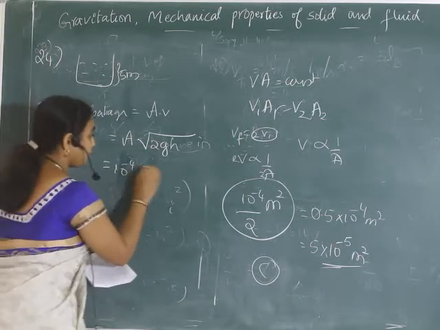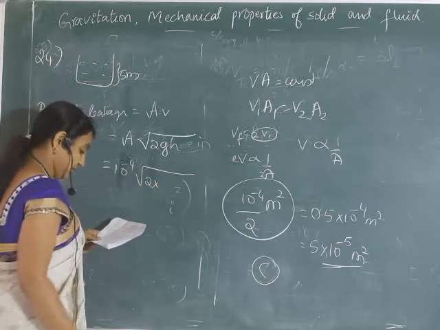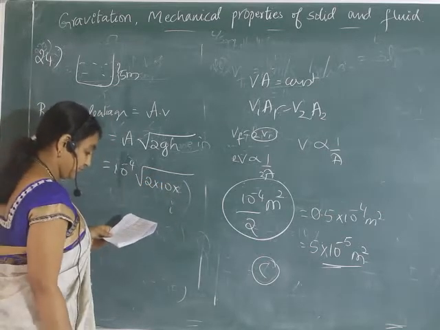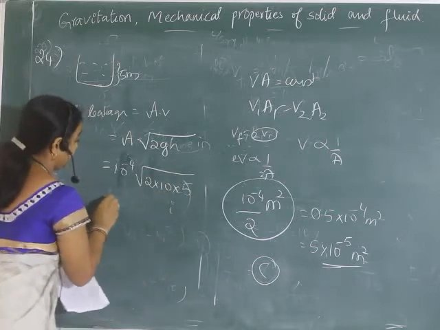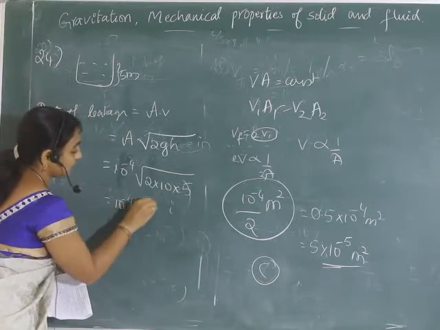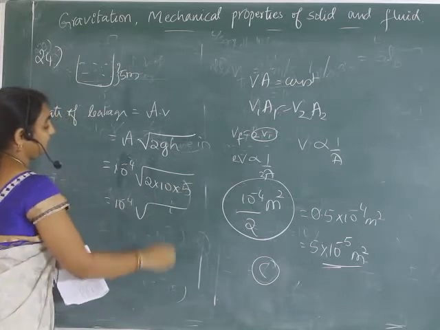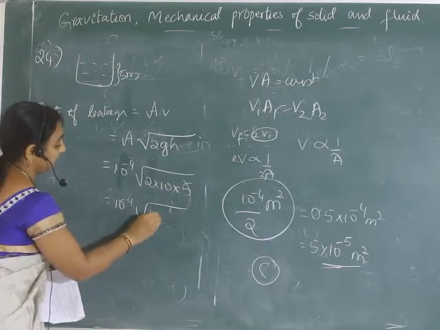Square root of 2 into 10 into 5: 10 to the power minus 4 into square root of 100.